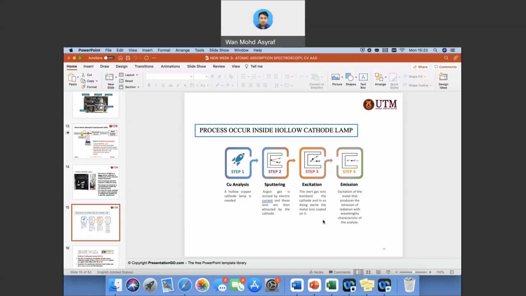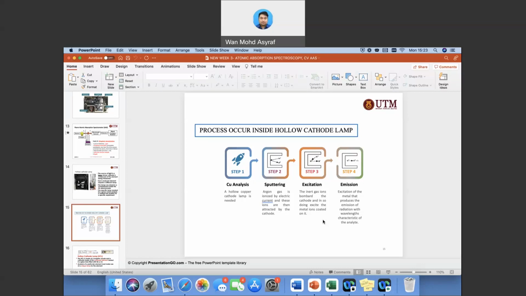When it is not stable, it needs to go back down to the ground level. So from the excited level to the ground level, it releases electromagnetic radiation at that particular wavelength of copper. So that's why when you want to analyze copper, you use a copper hollow cathode lamp, because only a copper hollow cathode lamp can produce a wavelength which is very specific towards copper in your sample.